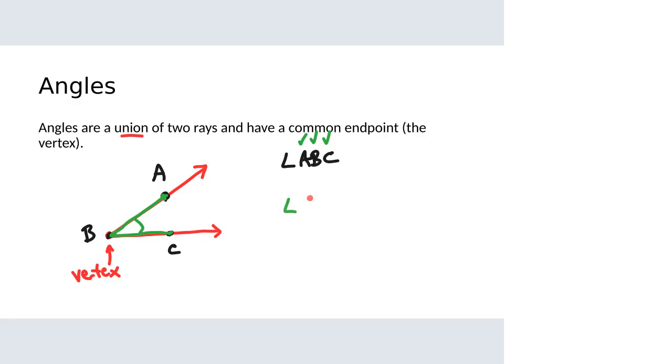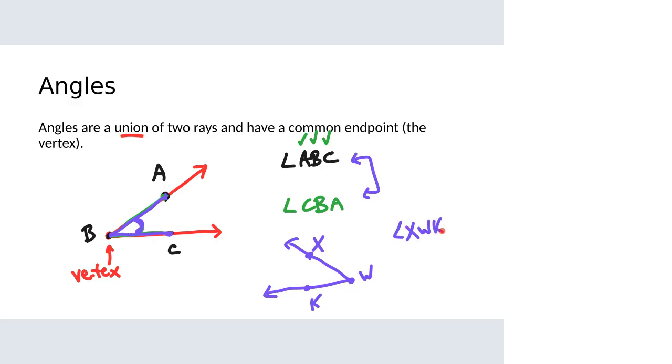You could absolutely call it angle CBA, because that would be the exact same angle. We start at C, go towards B, go from B up to A, we've created the same angle, so we're talking about the exact same thing. Either of these is a perfectly okay way to name the angle. And it doesn't have to be in alphabetical order. We could certainly have an angle where the letters are X, W, K, and we just call that angle XWK, or we could also call it angle KWX.